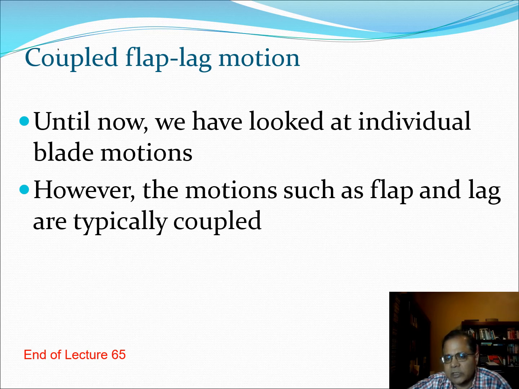These terms are present in general because of the rotation of the system. So it's a very fundamental fact that helicopter dynamics is nonlinear, and therefore all the systems we look at are essentially nonlinear, and the solution process is quite complicated and time consuming.